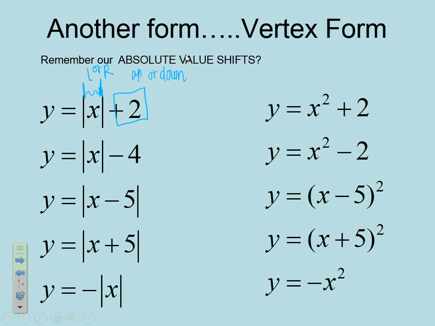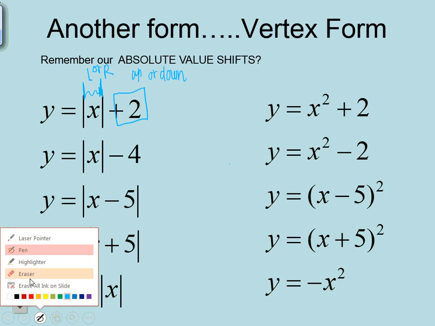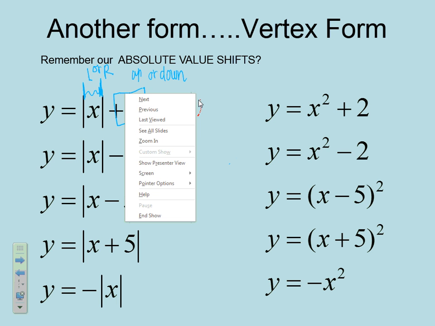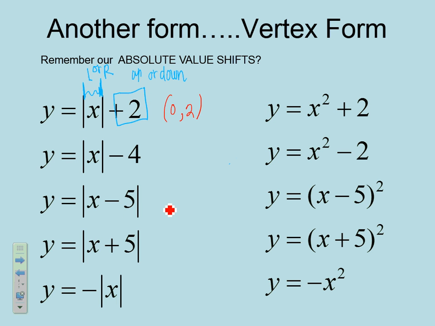Okay? So the vertex on this equation that I have in front of me would be no shift left or right, and 2 up. Okay? This one would be no shift left or right, but down 4.